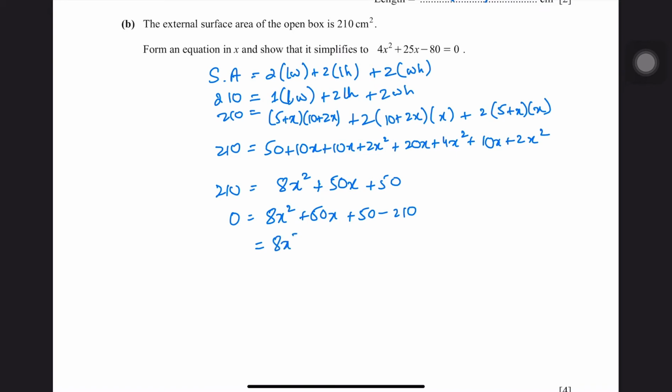So I get 8x squared plus 50x minus 160. I factored out a 2 and moved it to the other side. That gives me the proof of the question.